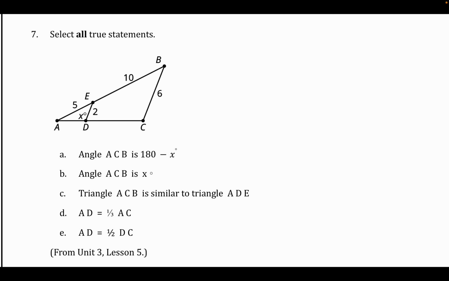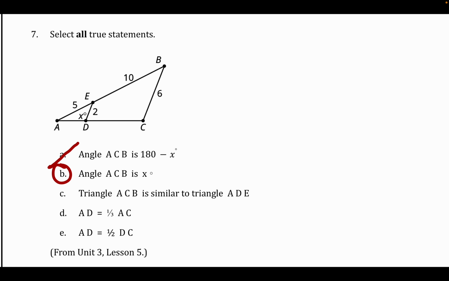Angle ACB is 180 minus X. Is that 180 minus X degrees? Nope, that is X degrees, so it's not going to be the first one. It is going to be the second one.